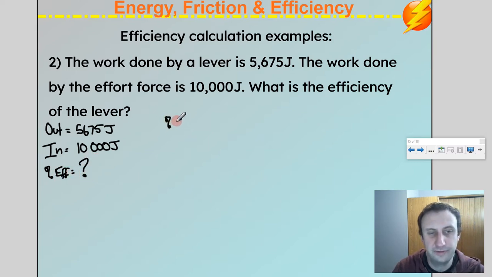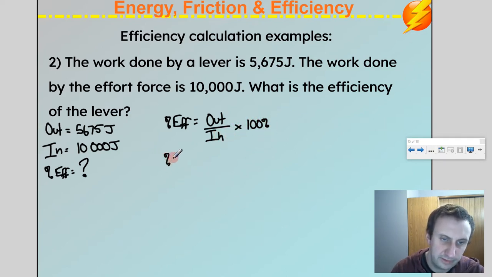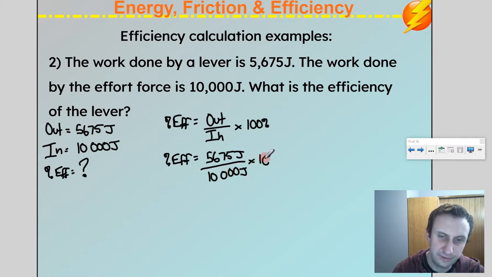So percent efficiency is equal to output over input times 100%. So percent efficiency is equal to 5,675 joules divided by 10,000 joules times 100.